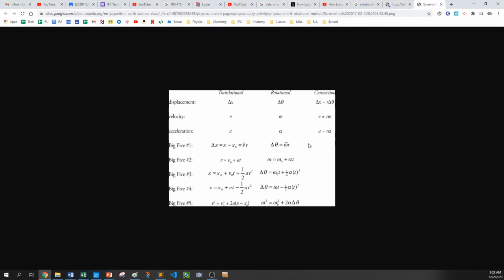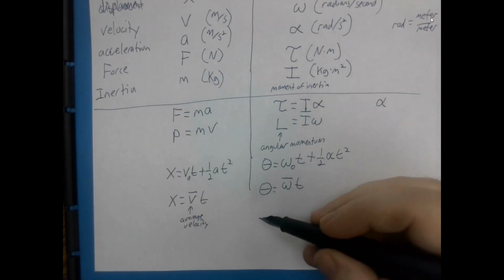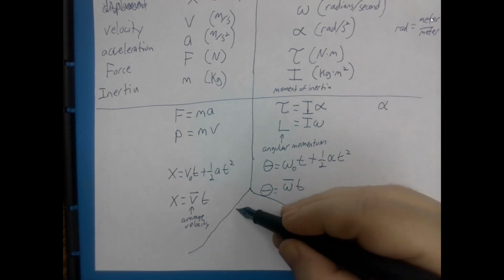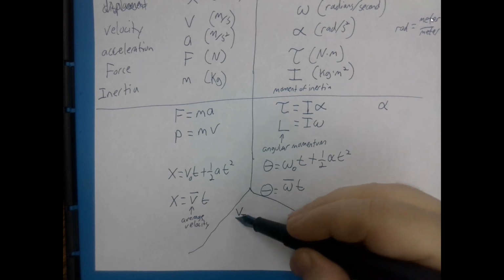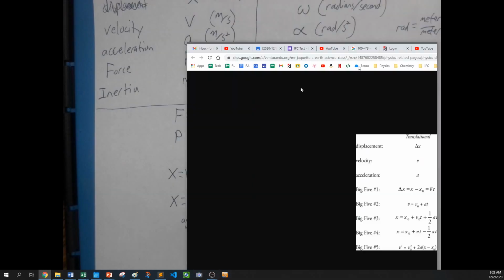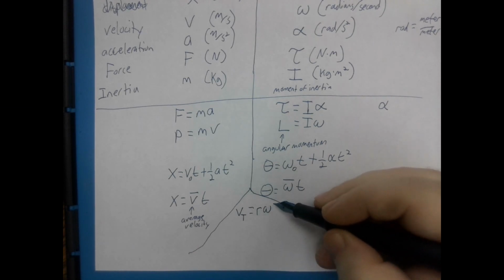So there's a connection between them. So you can basically straight up convert between them, but there are a few formulas to relate them. So we have tangential speed, so this is your linear speed, is equal to your distance from center of rotation times your omega, your rotational speed.